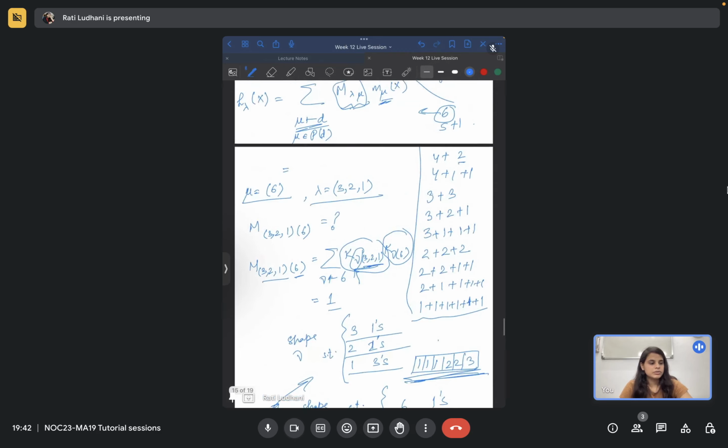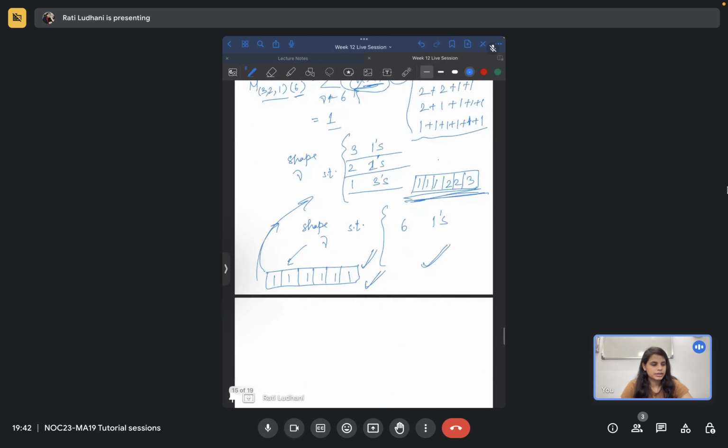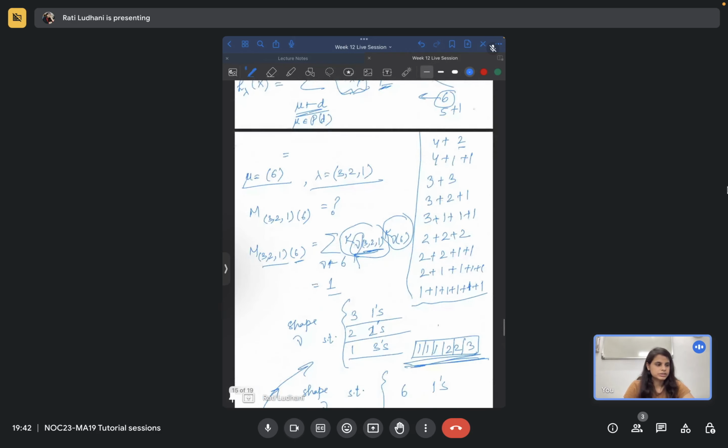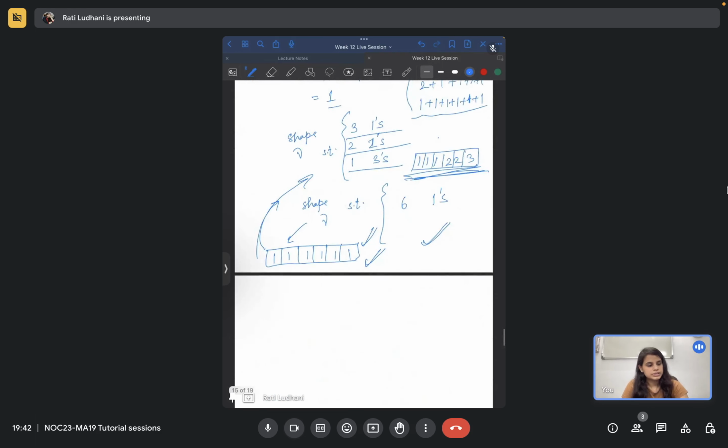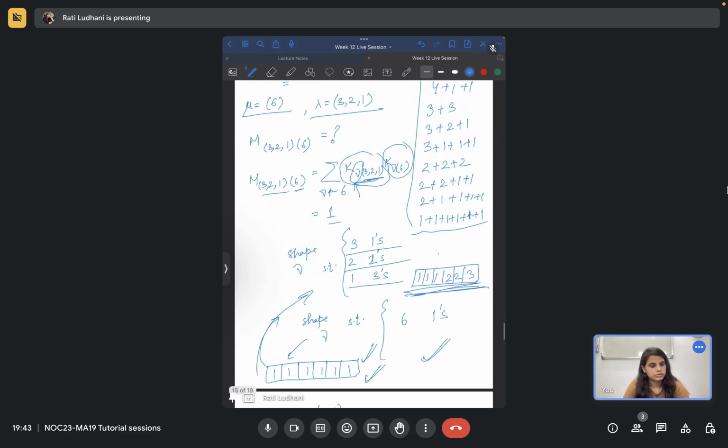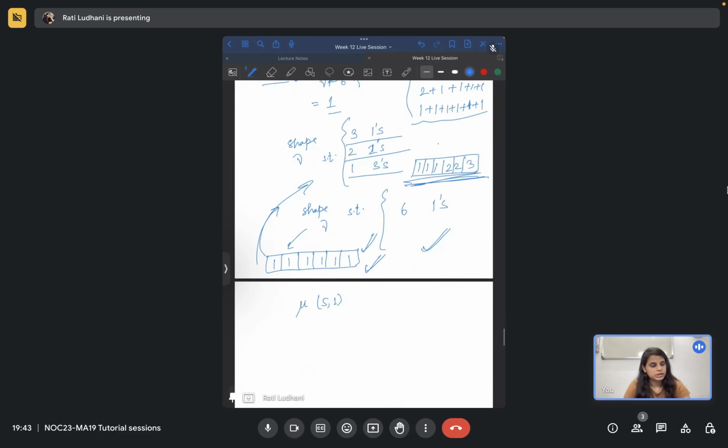Now let's try one more, and then I guess you will get the idea. Let's try 5 plus 1, that is 5 comma 1. This is now your mu, and lambda is again 3, 2, 1.